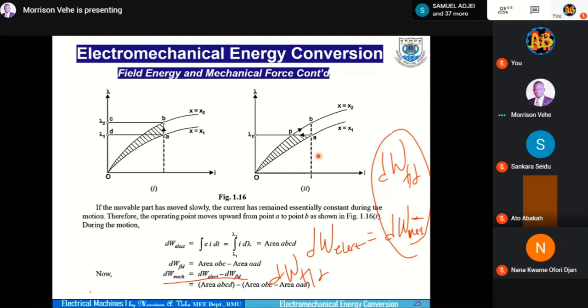So our flux displacement is not noticeable.